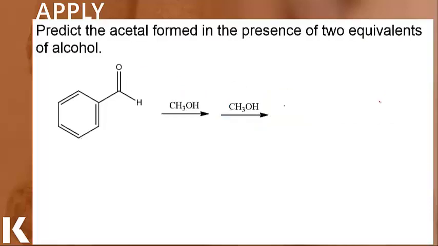In our second example, we're going to predict the acetal formed in the presence of two equivalents of alcohol. Let's start with our first equivalent of alcohol. Just like with the hemiketal formation, the oxygen here on our aldehyde will come down and grab this hydrogen, allowing it to release from the alcohol.